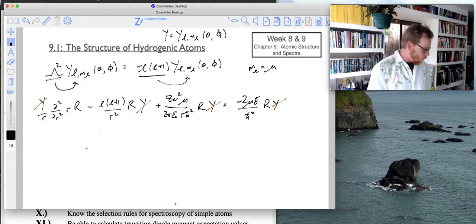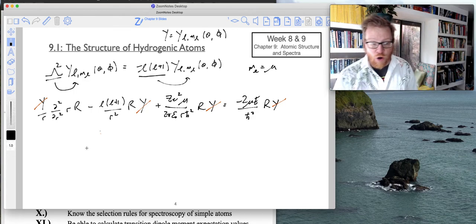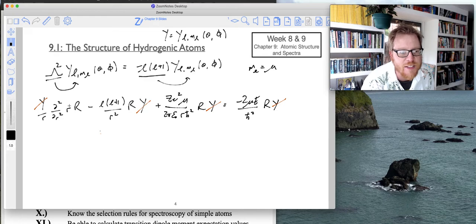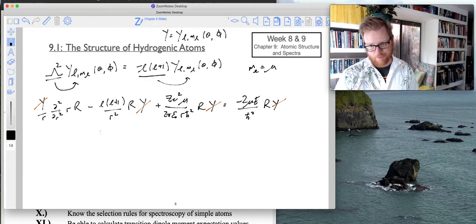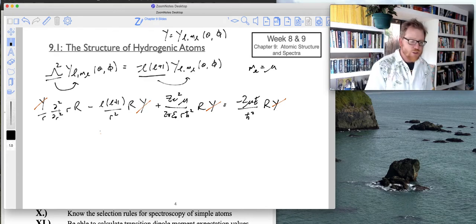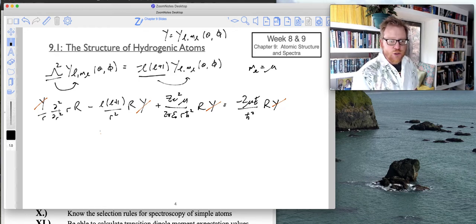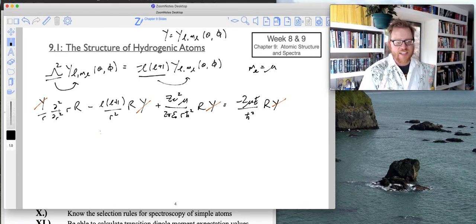And I can't quite do the same thing for R because I have this pesky little derivative term. So there's a little trick that standard quantum mechanics books do: they make a new function, u of r, equal to r times R of r.